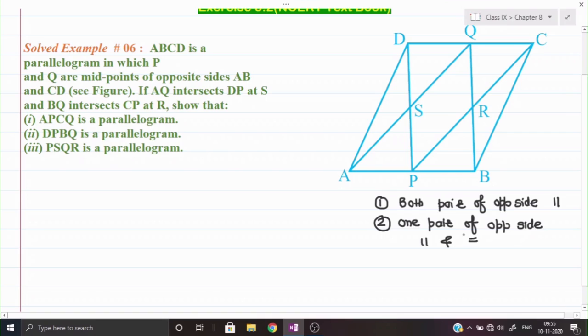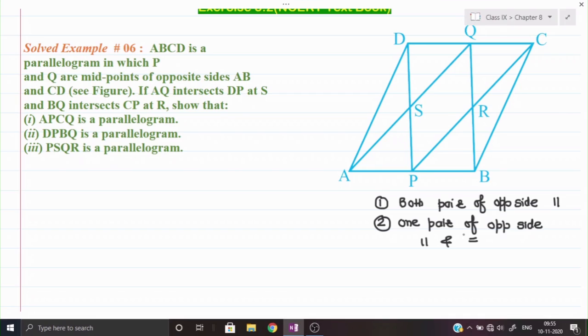For example, if I want to prove ABCD is a parallelogram, I am taking the example ABCD because it can be easily seen. According to way number 1, I need to prove AB and CD are parallel, and in addition, I also need to prove AD and BC are parallel. The second way is you take any one pair of opposite sides.